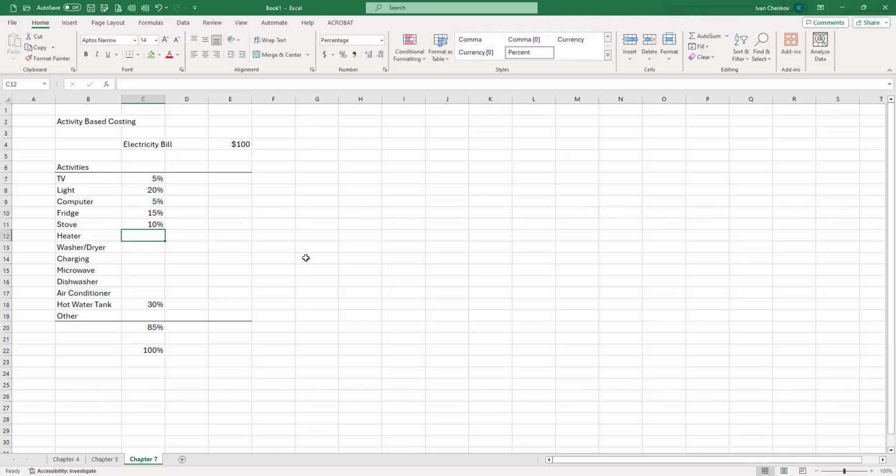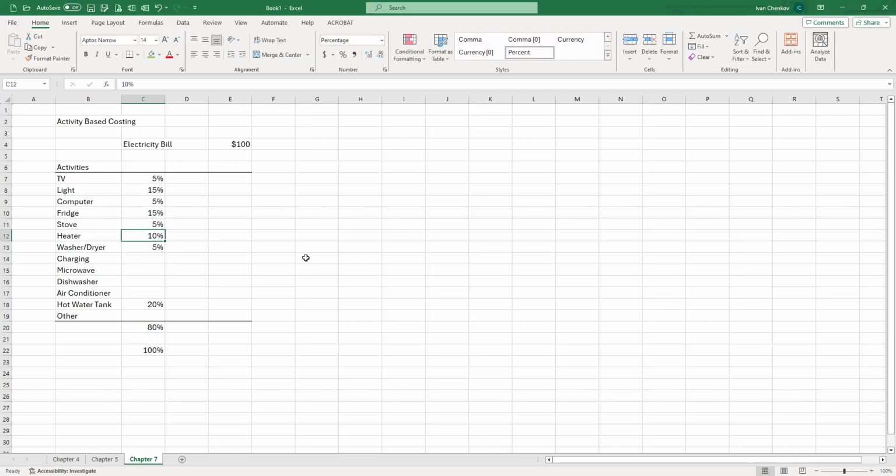The heater, now the heater is cold, so let's assign 10%, but this hot water tank, let's reduce it to 20, and the lights, let's put it to 50, push it a little bit down, so we can have more to allocate with the others. Washer and dryer, let's go with 10%. If we go with the washer and dryer, we should go with 5% here.